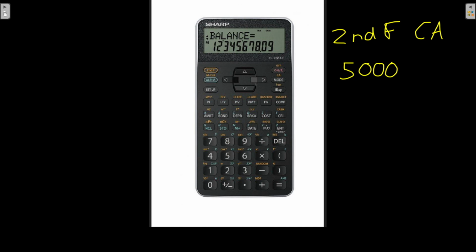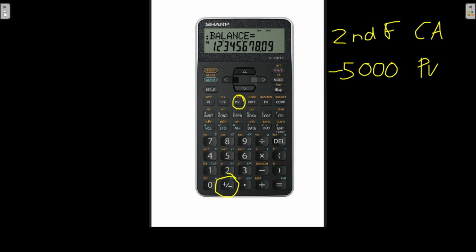So you type in 5,000, and to make that present value a negative, you will use the positive negative button. So you will then press the plus minus button to make it a negative, and then you press the button present value.